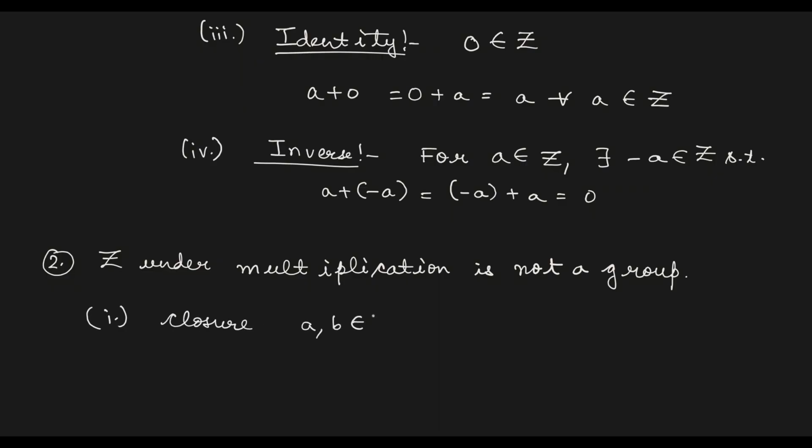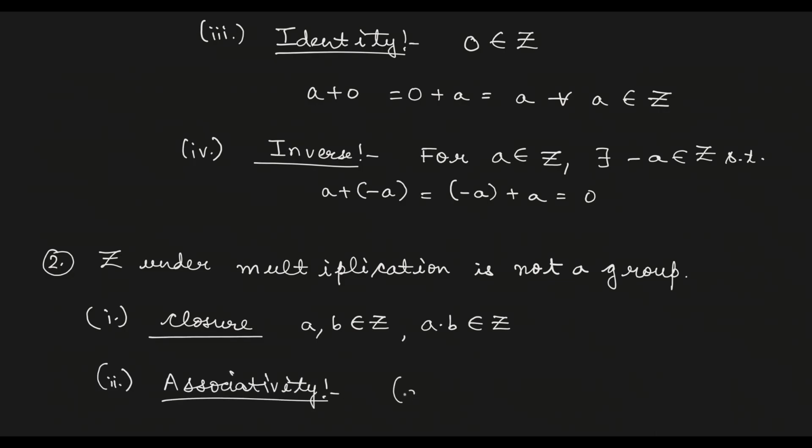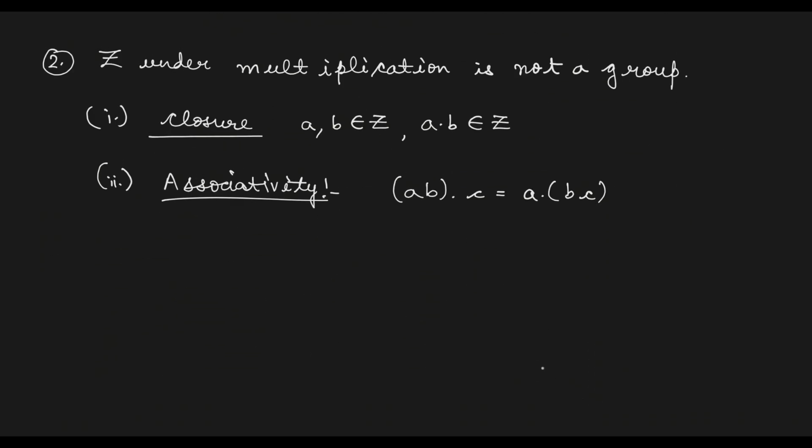A comma b belongs to integers, then a into b, this belongs to integers. Associativity will also be satisfied. a into b into c is equals to a into b into c. Third, identity. Identity element will be 1.